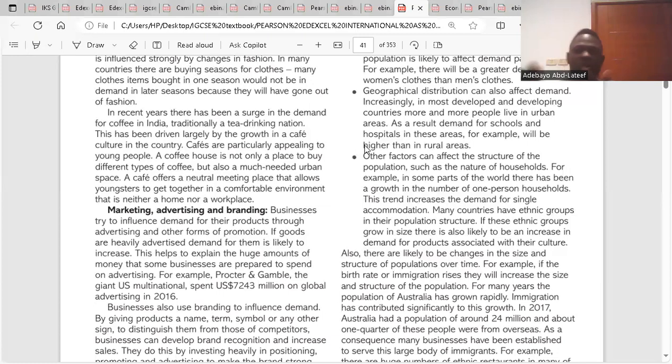So other factors that affect, when we talk about the aging, also is part of the traditional side, which group you belong to. So if you belong to a group that is, maybe let's assume it's a minority group, the demand for goods that are attached to your group might not increase. But if you start becoming a majority group, the demand for goods that are attached to your culture might increase.